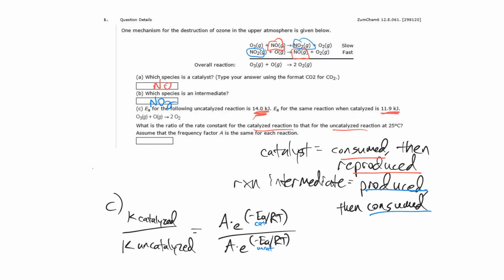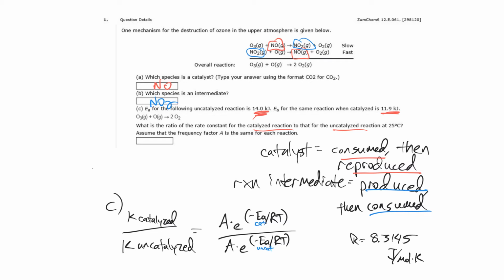The other thing to note is the value of R is given to us in units of joules per mole times degrees Kelvin. It's actually the same universal gas constant as what we had studied with the gas laws, but instead of stating it in liter atmospheres, it's stated in joules per mole Kelvin.